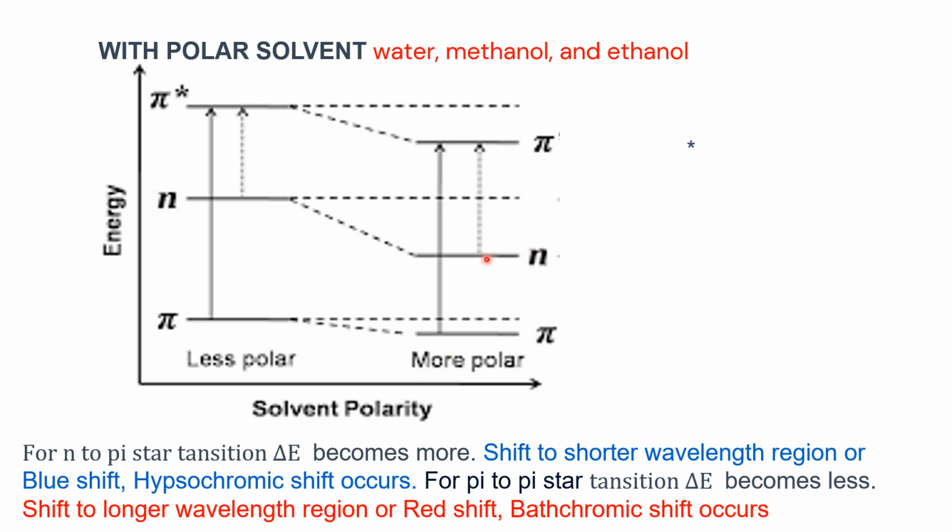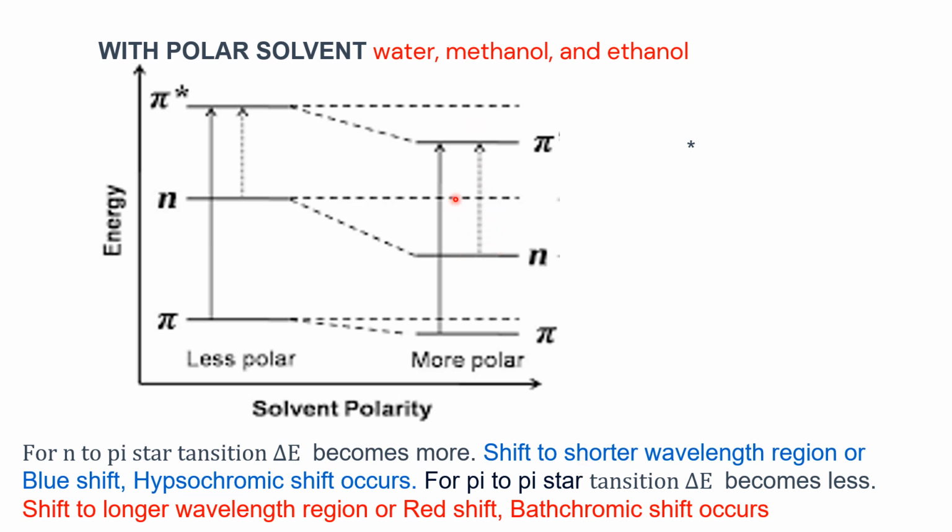Since the n level is drastically reduced, the delta E value of the n to pi star transition will be more.